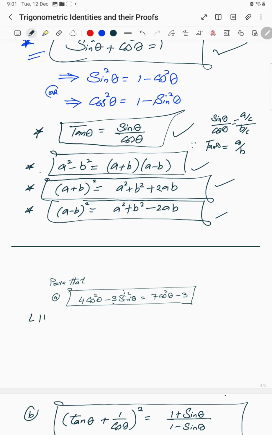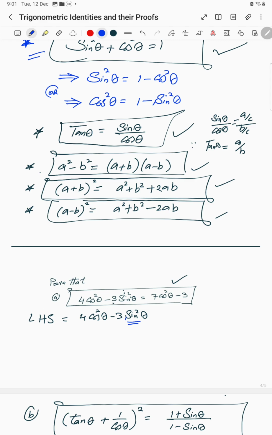We will take the left hand side, that is 4 cos square theta minus 3 sine square theta, and we have to prove this equals the right hand side. Here we know the answer, the right hand side. We have only cos square identity. We don't want these sine square identities.